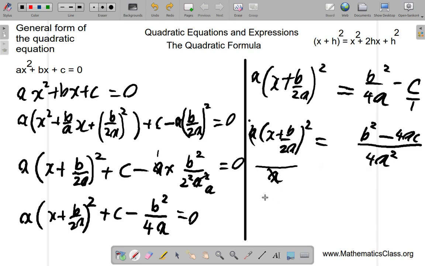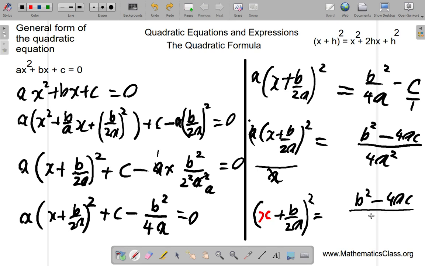Then we have x plus b over 2a. Let's write that down. Let's put the x in a different color, since it's what we're aiming to end up with at the end. x plus b over 2a squared is equal to b squared minus 4ac over 4a squared.